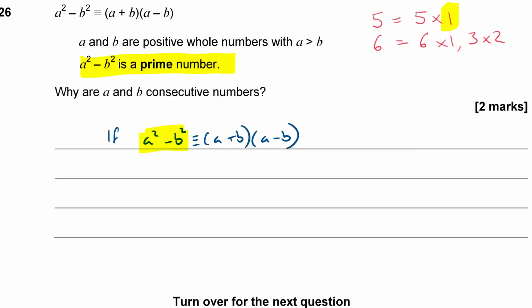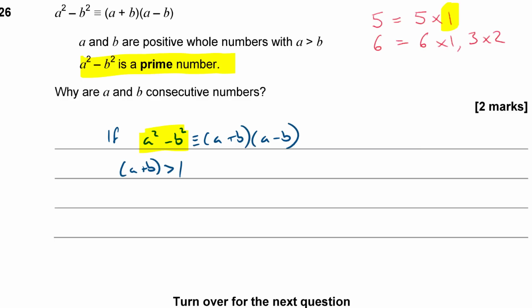Now let's have a think about a plus b. We're told that a and b are whole numbers and a is bigger than b. So the smallest a can be is 2 and the smallest b can be is 1. So the smallest a plus b can be is 3, isn't it? It's going to be a number larger than 3, so it's certainly bigger than 1, isn't it?